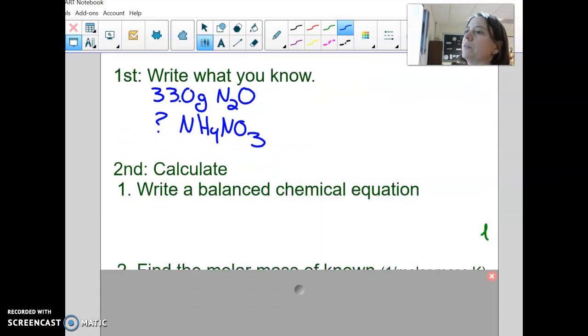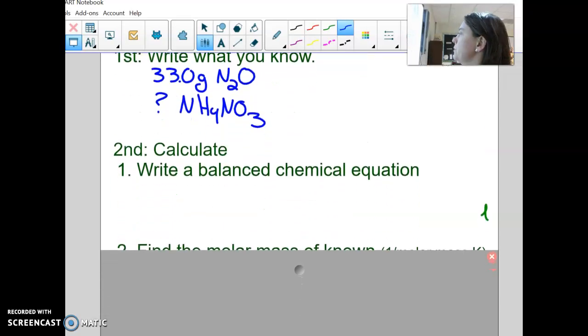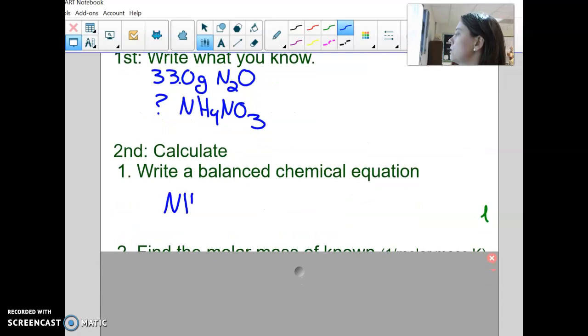We're getting lots of good practice in. So we know we're going to be producing dinitrogen oxide and water, and we're going to be decomposing ammonium nitrate. So let's start with ammonium nitrate.